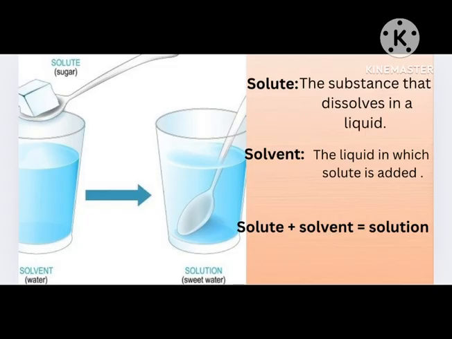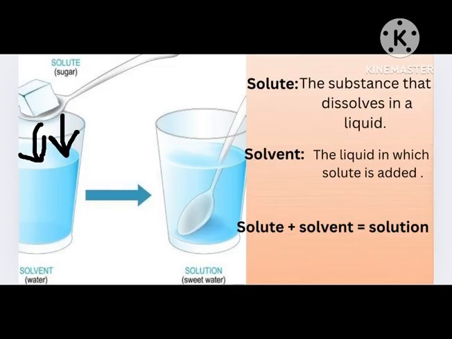Look at the picture. Here we are dissolving sugar in water. This sugar we call a solute. In general, any substance that dissolves in a liquid, we call such a substance a solute. On the other hand, the liquid in which this solute is added, we call this liquid a solvent.